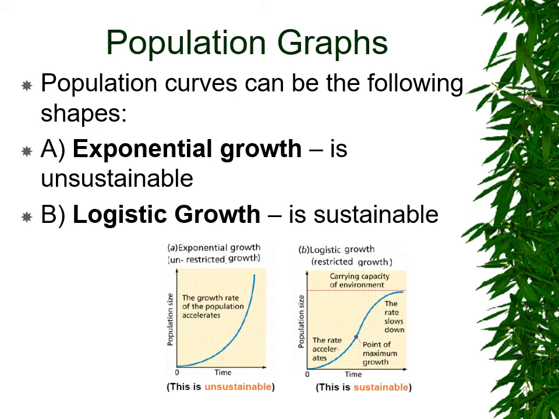Population graphs. So when we're looking at population graphs or population curves, there's 2 types that we can see. So we can see A, which is the first one here, which is exponential growth, which is that huge increase or quick increase in population, and this growth is unsustainable. Okay, an organism usually can't sustain this type of growth. It can't keep going and going and going unrestricted.